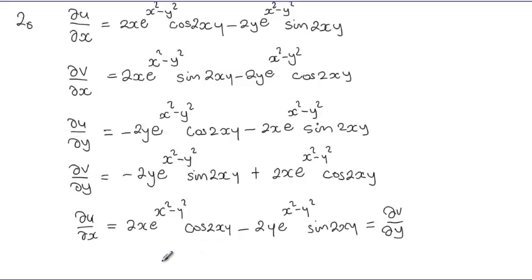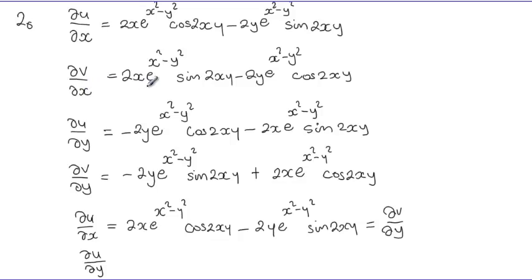Now let's turn to comparing the other two derivatives, which are ∂u/∂y compared with ∂v/∂x. Here ∂u/∂y is minus 2y e to the power x squared minus y squared cosine 2xy, and we have minus 2x e to the power x squared minus y squared sine 2xy.